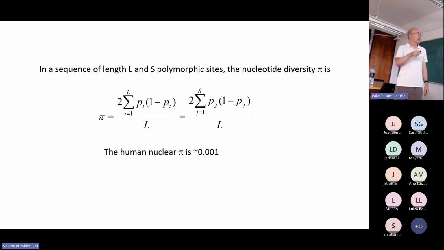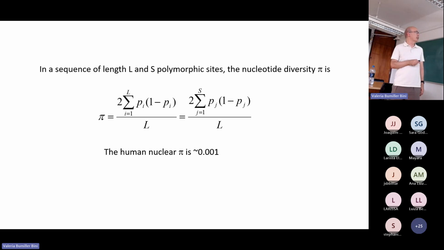If we have a sequence of length L and S polymorphic sites, nucleotide diversity pi, recall that it's the average heterozygosity per site, would be, since 2 is constant, we take it out of the sum, the allele frequency at each site times 1 minus the same allele frequency, over all sites, over L. We can save many calculations there.